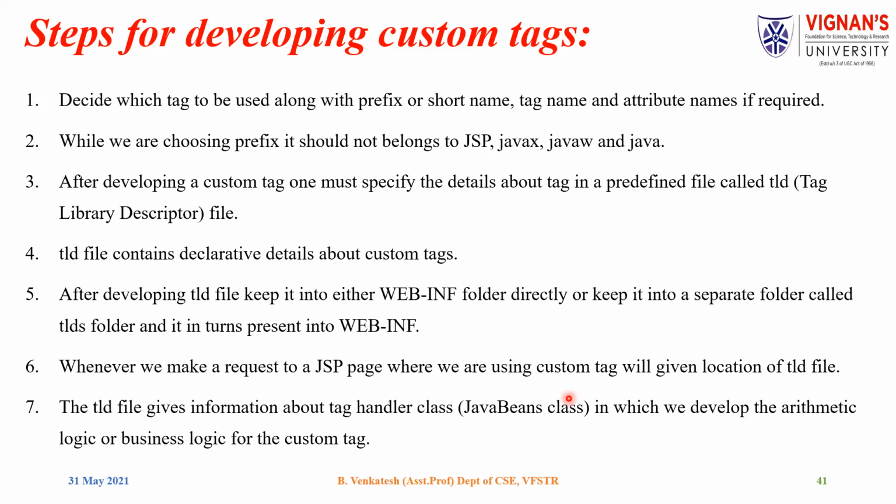Whenever that information is given in web.xml, upon clicking submit, that particular class file is going to be invoked. In a similar way, when a particular JSP file is loaded, the custom tag will go to that particular TLD file. From the TLD file, it is going to invoke a particular tag handler class.